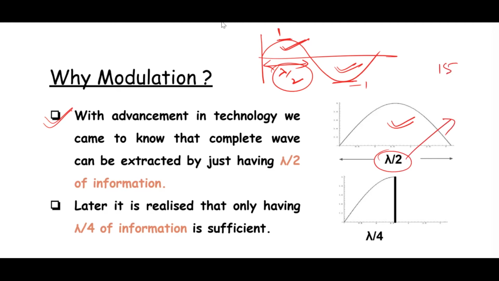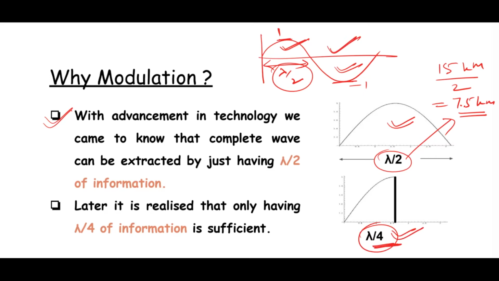If I have 15 kilometers of antenna height, I'll divide it by 2, and the antenna height will drop to 7.5 kilometers. But still it is not feasible. So we analyzed the waveform further, and found that this whole waveform can be regenerated by having only lambda by 4 of the information.